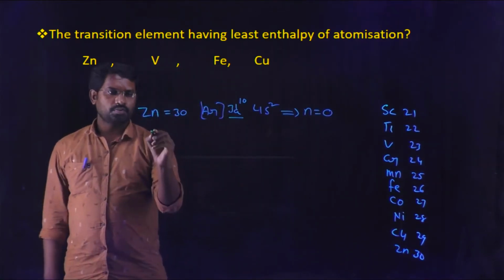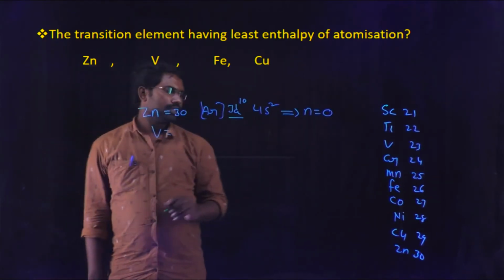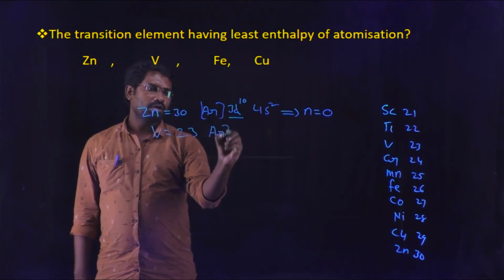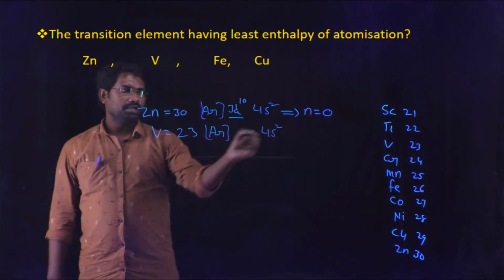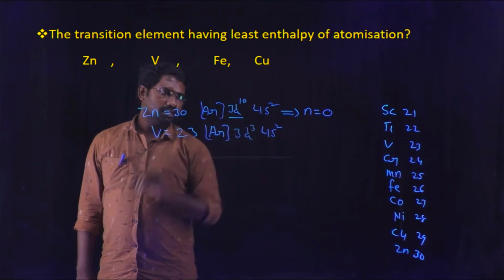Next comes the second one, vanadium. Vanadium's atomic number is 23. Write the configuration: argon 4s2. Argon means 18, and 18 to 23 gives 3d3.